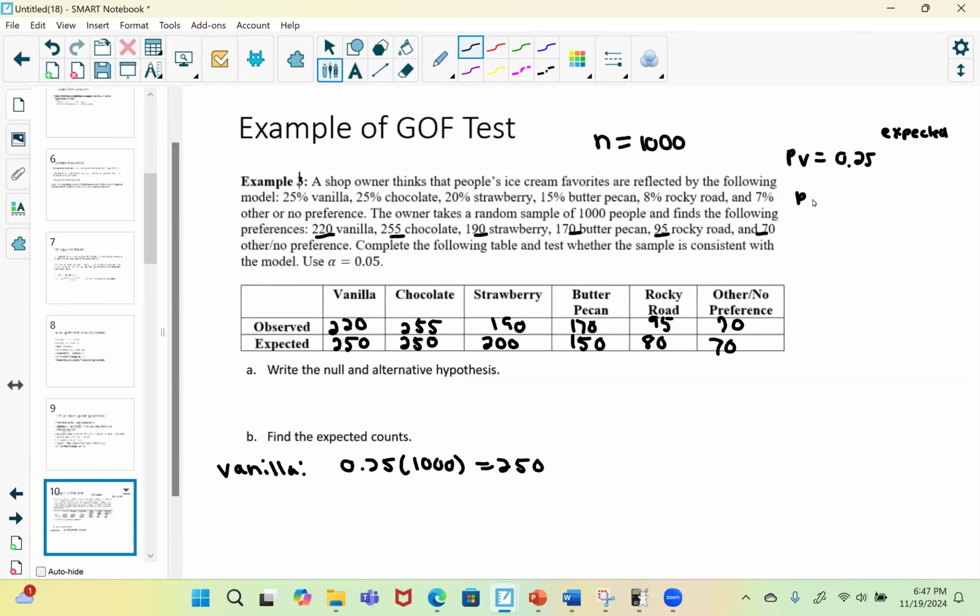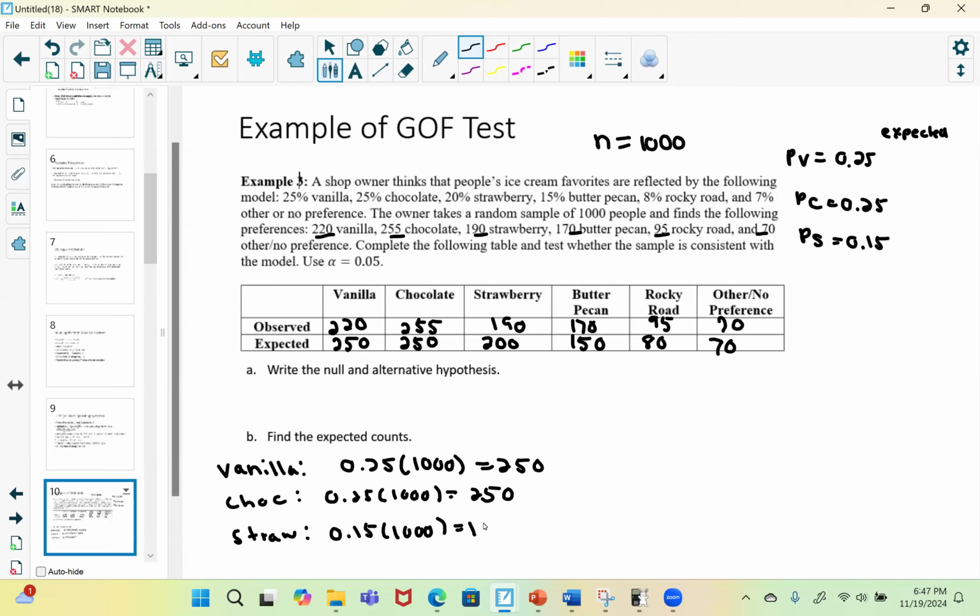Okay, and then if I have the probability of chocolate, well, that's the same. So I would do the same thing. Chocolate is 0.25 times 1,000. And that gives me 250. And I do that for each one. So like the probability of strawberry was 0.15. And then I do 0.15 times 1,000.